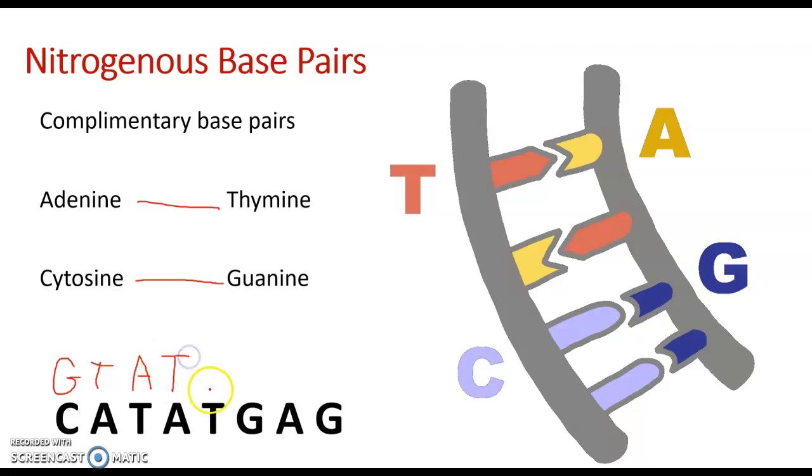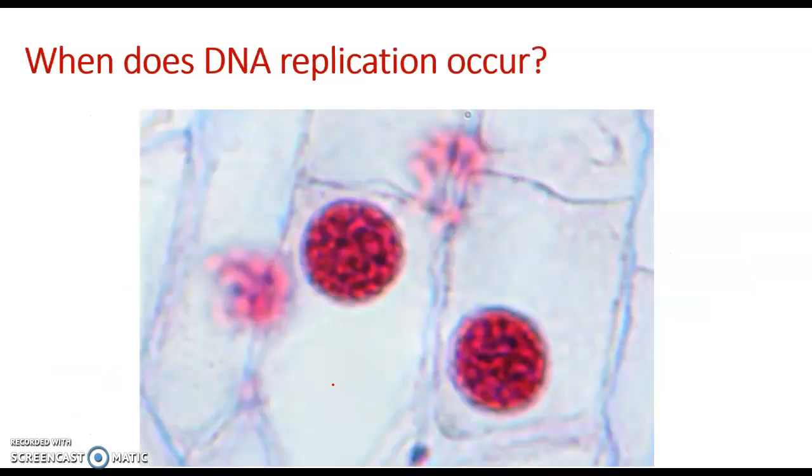Adenine pairs with thymine. Thymine pairs with adenine. Guanine pairs with, hopefully you said cytosine, adenine with thymine, and guanine with cytosine. You're going to get some practice lining up those base pairings in your lab today.